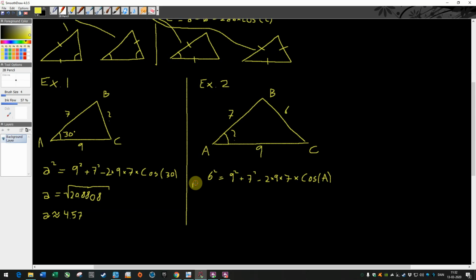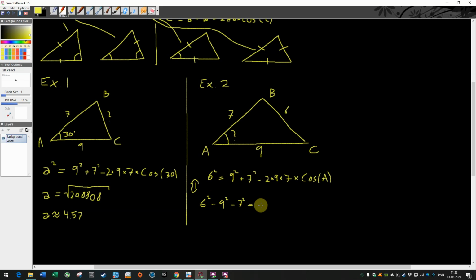Now you want to make cosine of A the subject. So at first you subtract. I hope it's okay if I subtract 2 numbers. I first subtract 9 squared on both sides, so I get this. Then I subtract the 7 squared on both sides.